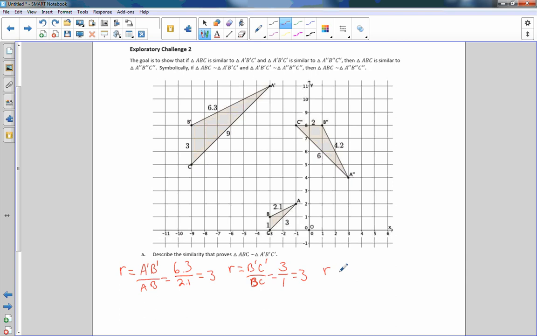And then finally, R equals A prime, C prime over AC. And A prime, C prime is 9. AC is 3. 9 divided by 3 is 3. So to get my ABC up to the size of A prime, B prime, C prime, I needed to scale up 3.